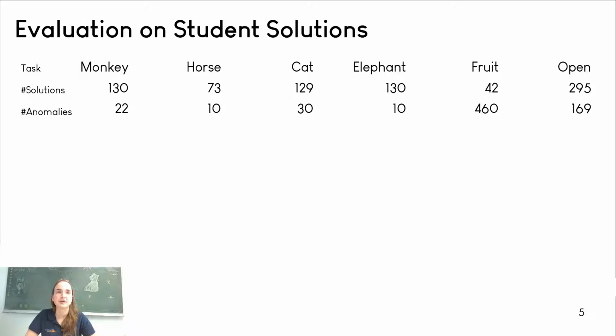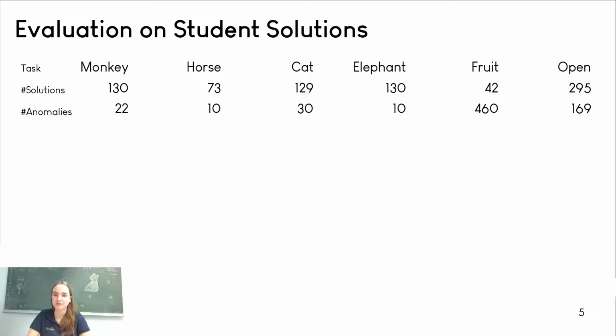So what you see now is the number of solutions handed in by the students and the number of anomalies that we mined. And if you take a closer look at the data presented here, you will quickly realize that based only on the number of solutions, you cannot predict how many anomalies are found.